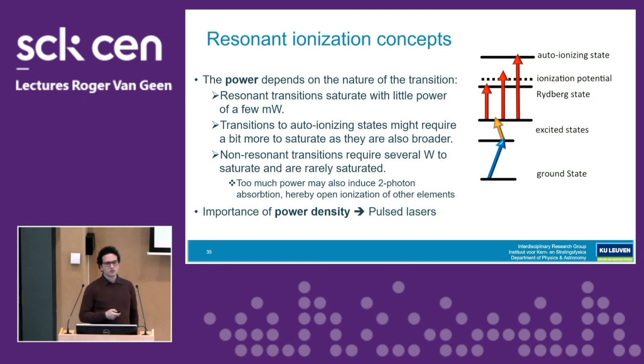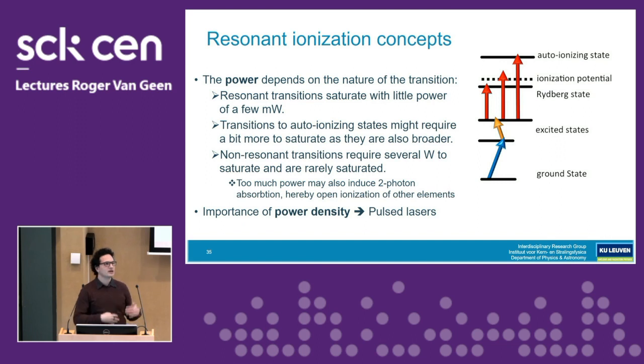The other thing that's quite important is not so much your average power as your power density. At the time your photon flux will come in interaction with the atoms, you want to make sure you have as many photons as possible. And the way you do that is by compressing all that population in a typically pulsed laser system.